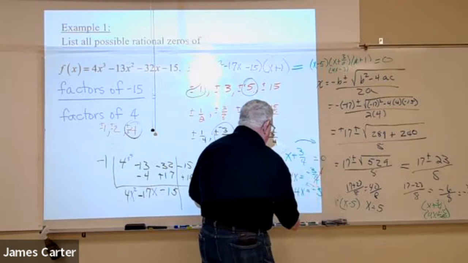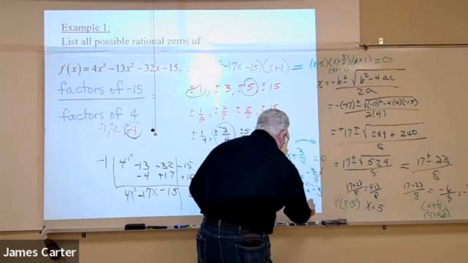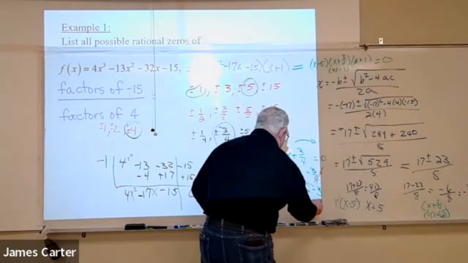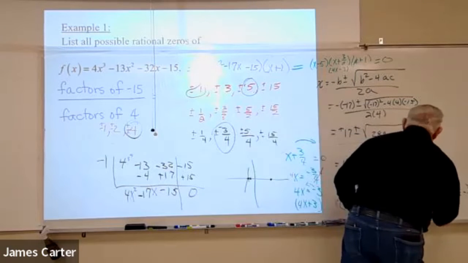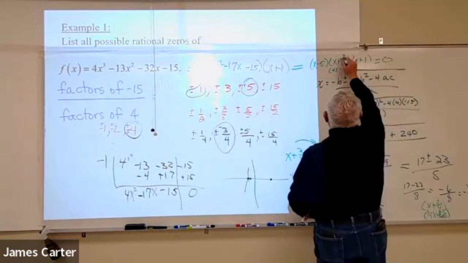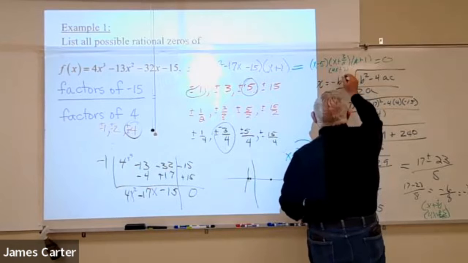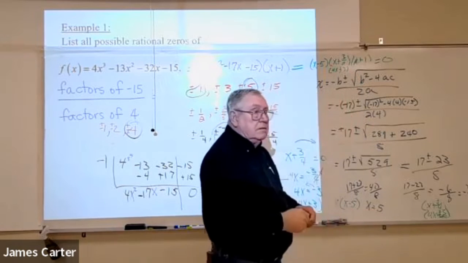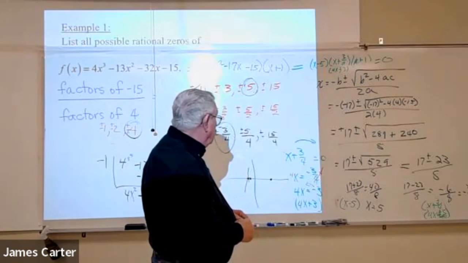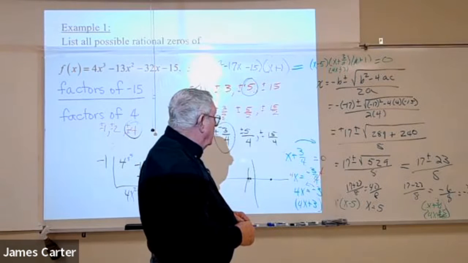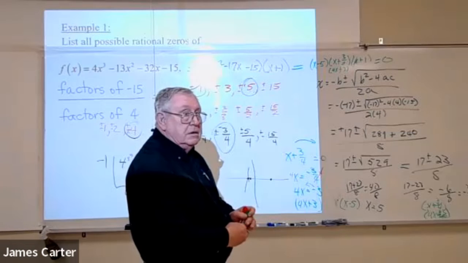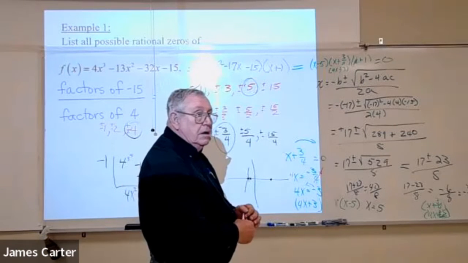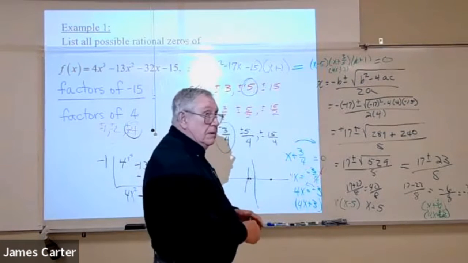Then I've got to take this over to the other side, 4x plus 3. And I made a mistake down here. That should have been a plus. Maybe it was a minus and it's still. Yeah, well, probably was.